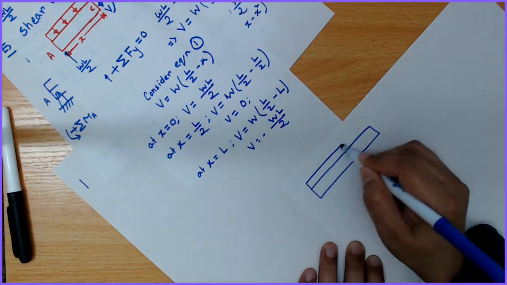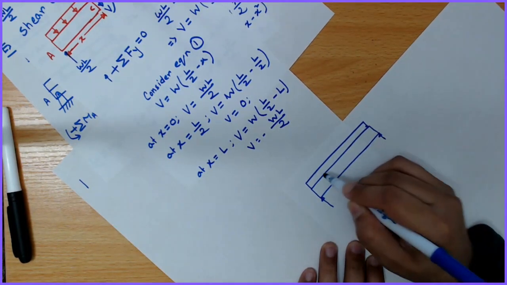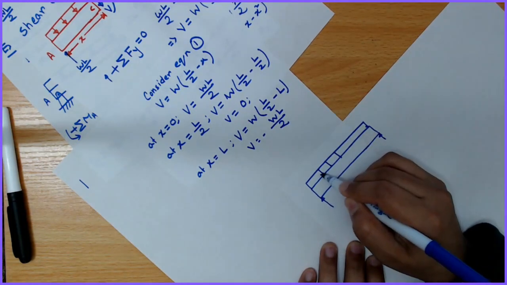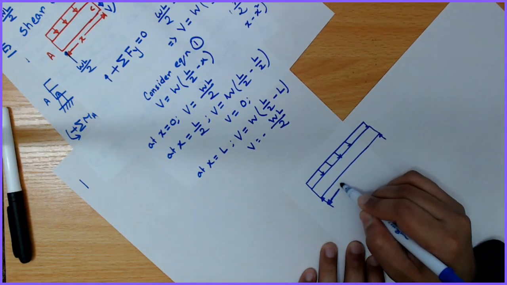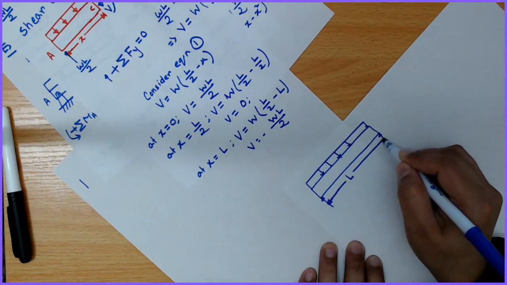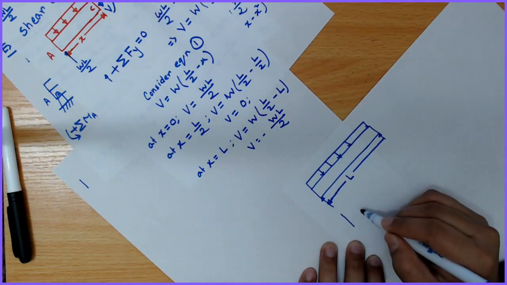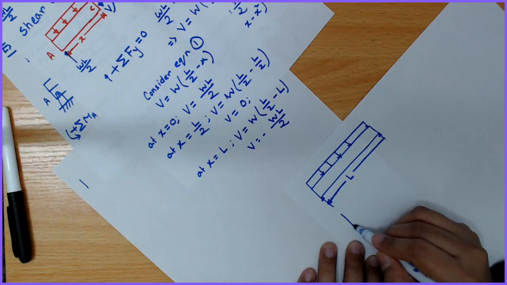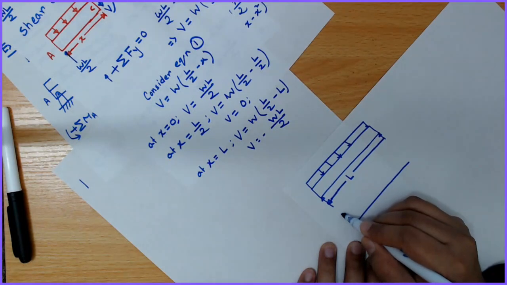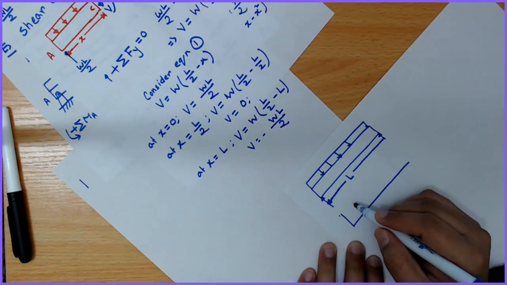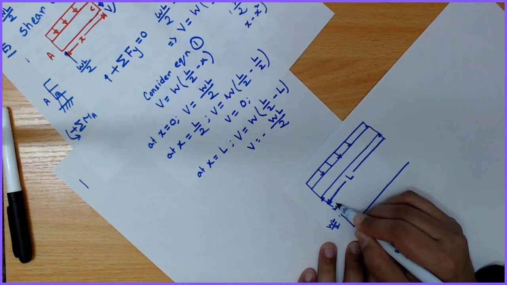So this is my distributed load, this is my point load, okay, this is W. Okay, now I found V, this is V, is maximum is WL by 2.